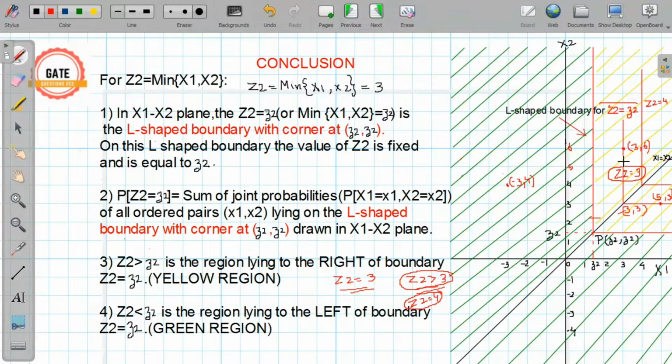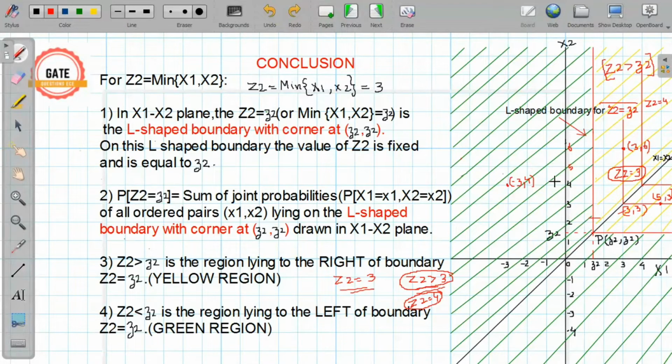And similarly, to the left of this Z2 is equal to 3 boundary, we can draw different L-shaped boundaries for which Z2 will be less than 3. So similarly, in general, if this is the Z2 is equal to small z2 boundary, then to the right of this boundary, all the boundaries will have capital Z2 greater than small z2. So in this yellow region, we will have all the boundaries which will satisfy this condition.